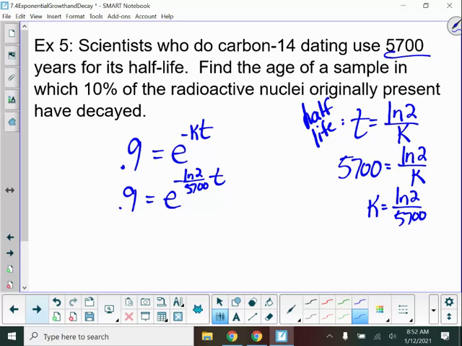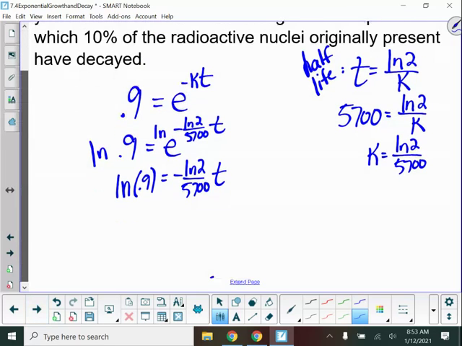Then I have to go through and solve. I'm going to take the natural log of both sides. So the natural log of 0.9 is equal to negative natural log of 2 over 5700 times t. We would solve this by multiplying by the reciprocal.